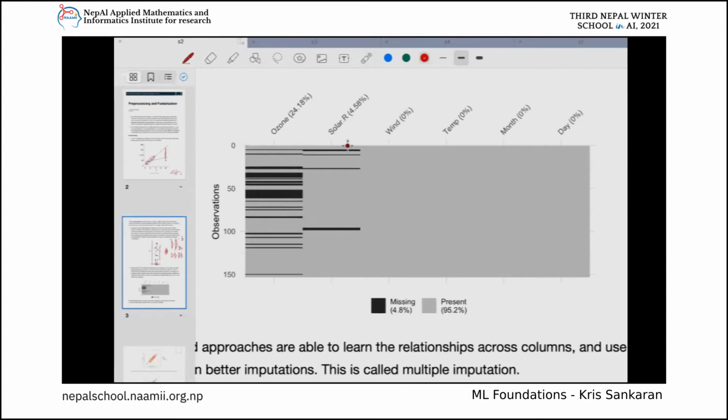It shows that solar broke in a few consecutive groups, and ozone had these three really big failures, and then a few scattered failures all throughout the year. You can also start saying, I think these were in the summer, so it tends to break more in the summer and not as much in the winter. Right? But just from this one plot, you can start seeing not just how much missingness you have, but where it is.